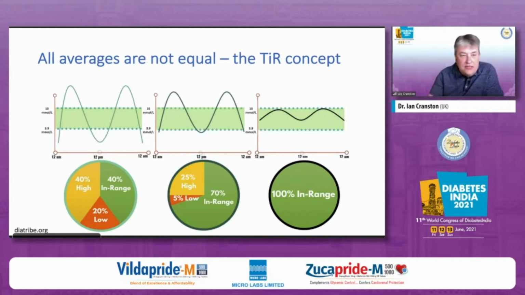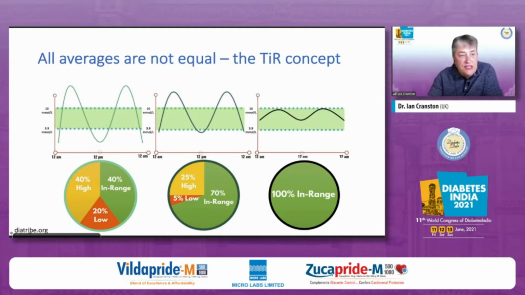So this is an example of that, where we can see 3 individuals, all of whom have the same average glucose over a 24-hour period, but who, because of different variability across the scale, will spend a very different amount of time in this comfortable target range between 3.9 and 10 millimoles, or 70 and 180 milligrams per deciliter.